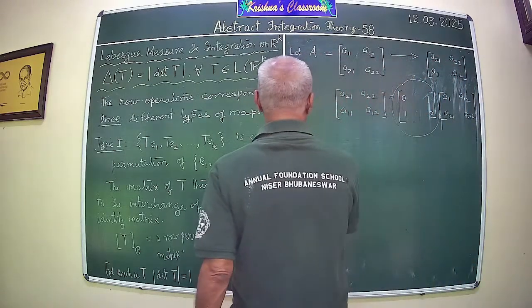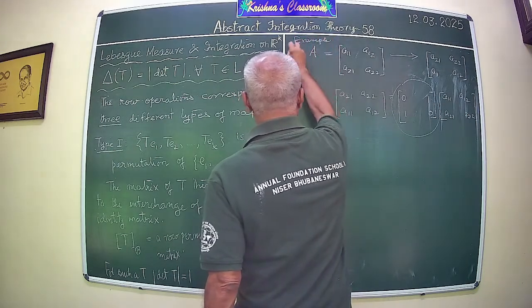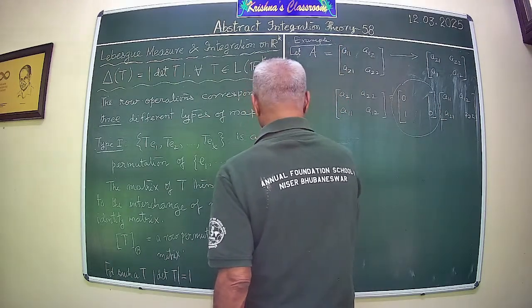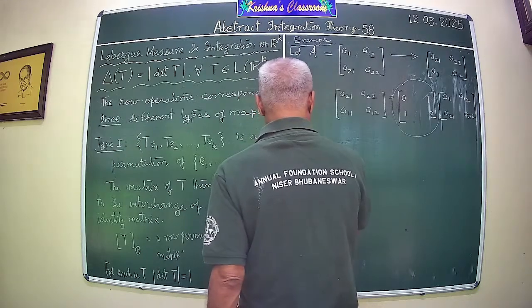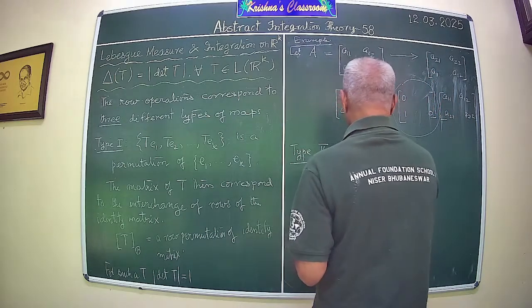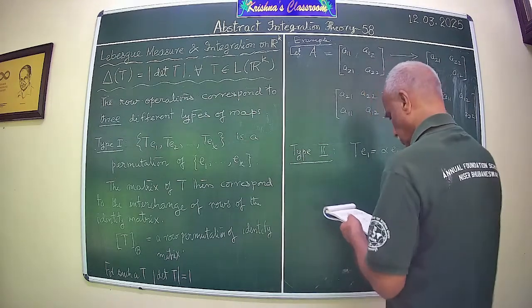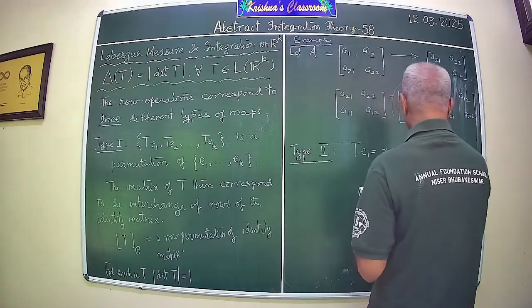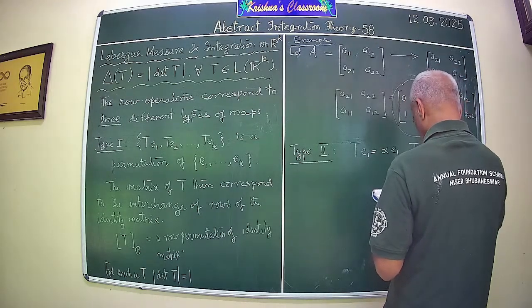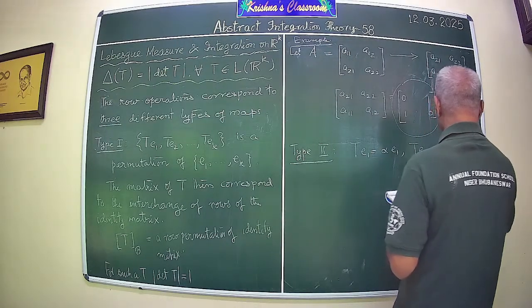So now we take the second type, where we have T E1 equal to alpha E1 and T Ei equal to Ei for i equal to 2 and so on.